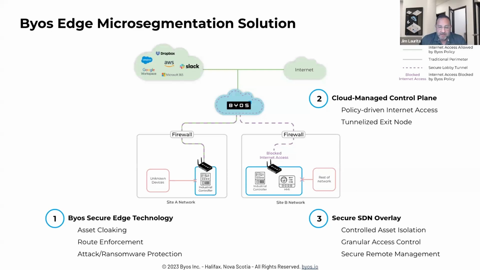Yeah, and to add to what Ryan was just saying, when we think about the secure overlay, what it is, is your segmentation methodology within the Byos environment. So that's going to facilitate, and we'll talk a little bit more about this in a few minutes, local addressing inside the microsegment itself. That's going to facilitate the separation or joining of different edges and ultimately the assets attached to them.